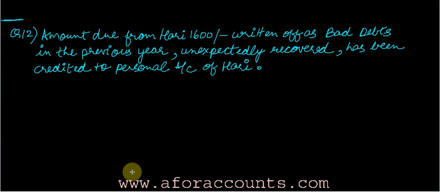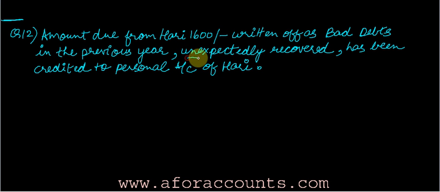Question number 12 seems to be a long question. Let's read it. Amount due from Hari 1600 written off as bad debts in the previous year means 1600 has already been written off as bad debts in the last year. Unexpectedly recovered.